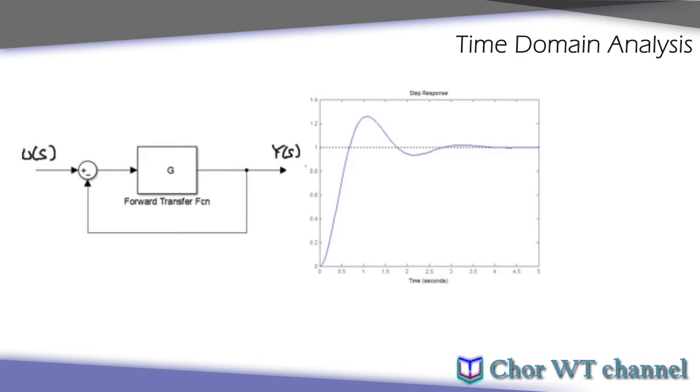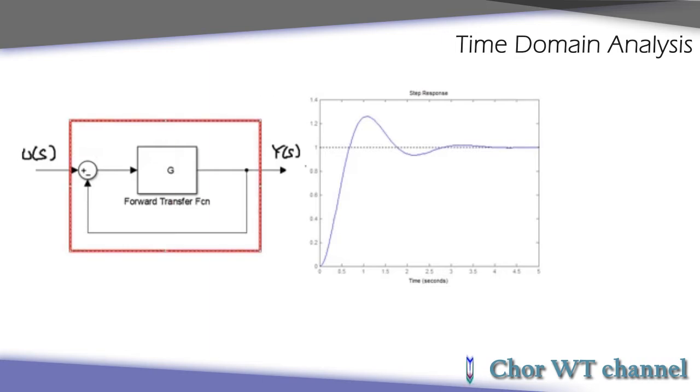The entire closed loop system, in this red box, we are going to label as T(s). So this forms our entire system, and the one shown here will be our step response.